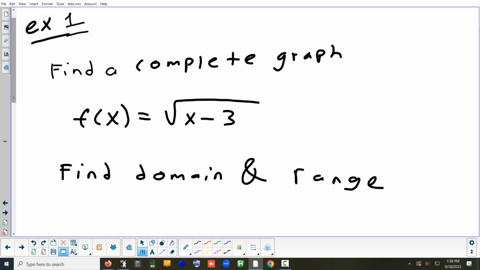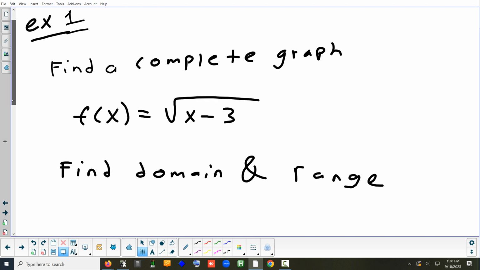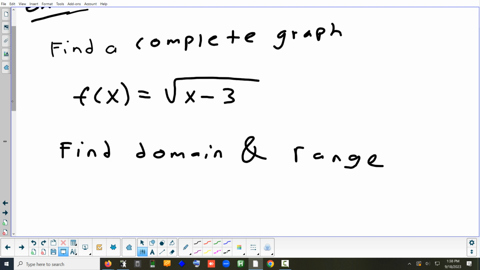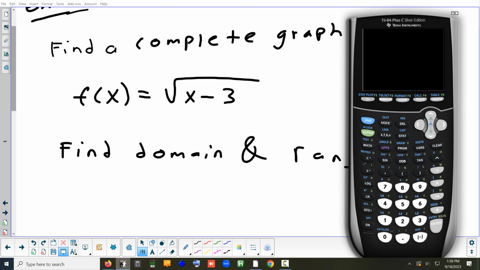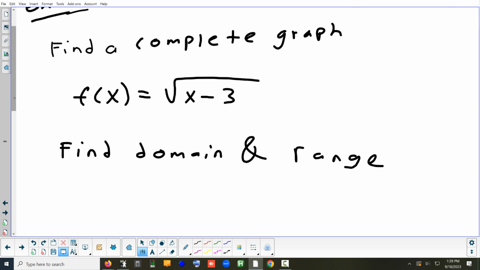Okay, so let's try a graph on the calculator. This one's very similar to the square root problem that I just did with you guys. You know what? We don't even need the calculator yet. We can do the domain without the calculator. Okay, so remember what we said about square roots.